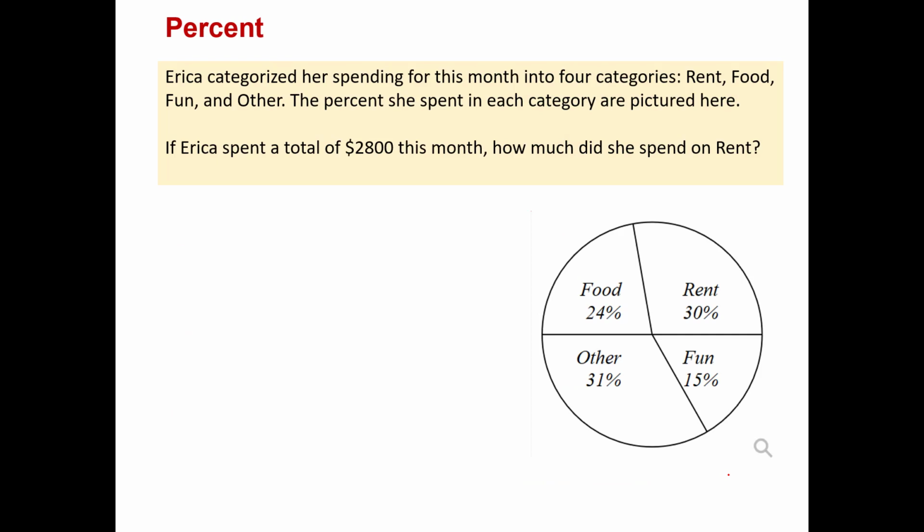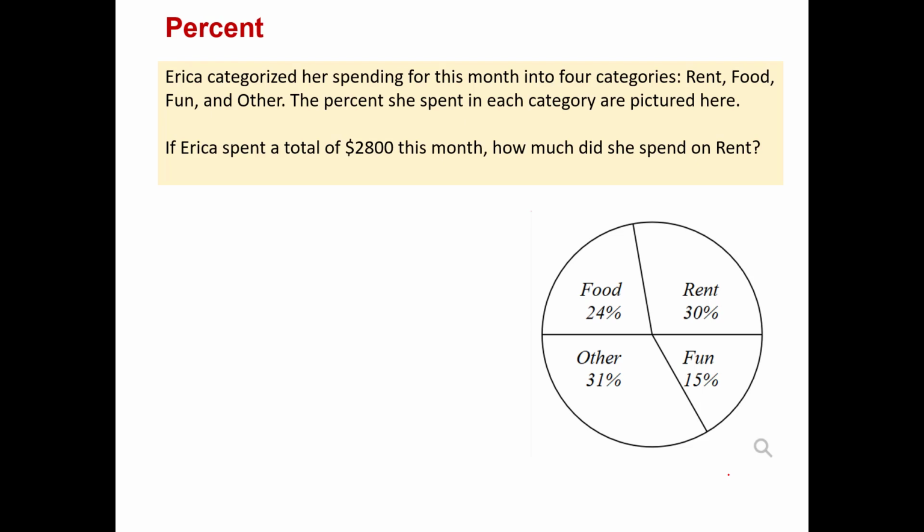I would like to solve this problem. It's not for increase or decrease, but it's just the percent, just to review. Then let's try to solve this problem. In this case, Erica categorized her spending for this month into 4 categories: rent, food, fun, and other.